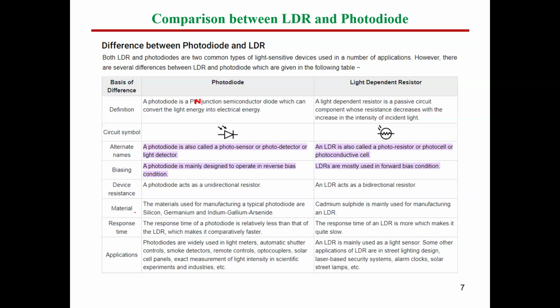Regarding the material used to create the photodiode and LDR, the material used for manufacturing a typical photodiode is any semiconductor material, like silicon, germanium, indium gallium arsenide, silicon carbide, all of these types of semiconductor material, either intrinsic or extrinsic type.